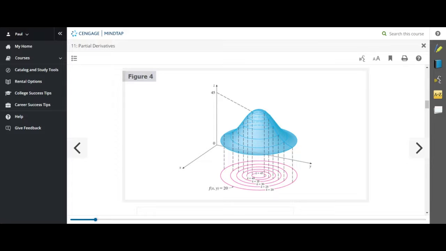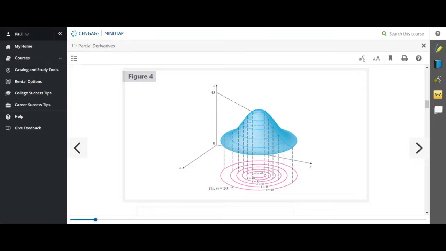What can you tell me about the space between each of those blue horizontal circular cuts? Is it the same or different? That's right, Yeva. It's the same.